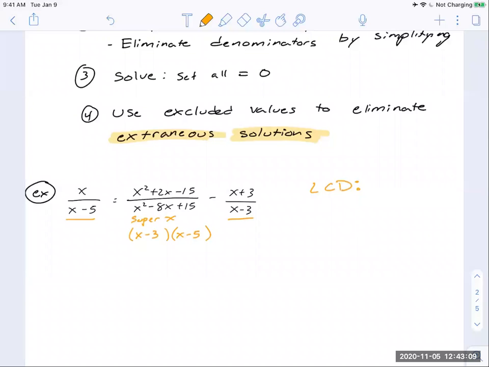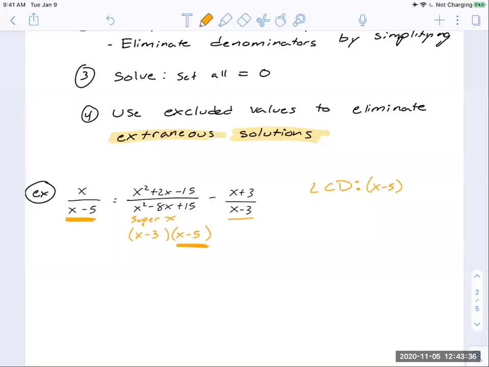Now let's find my LCD. Let's look for pairs first. Do I see anything in common between any of them? It could be between 2 of them or all 3, up to you, whatever you find. X minus 5 and x minus 5. Good. I see this and this. So I have an x minus 5 here.